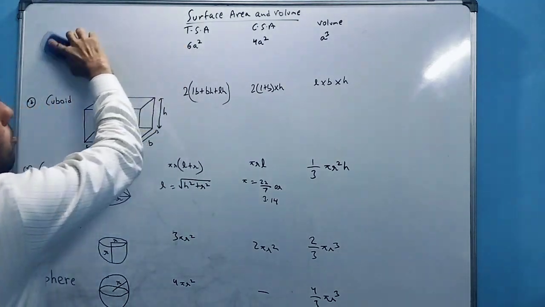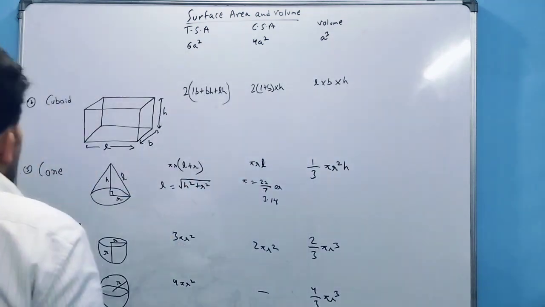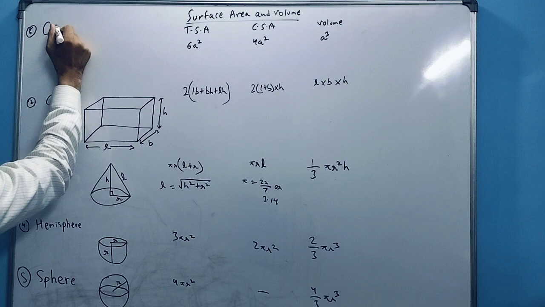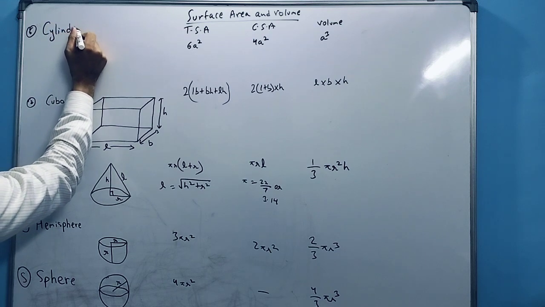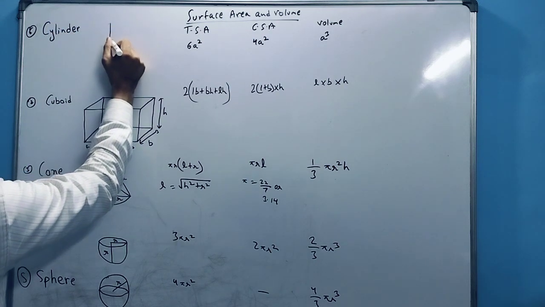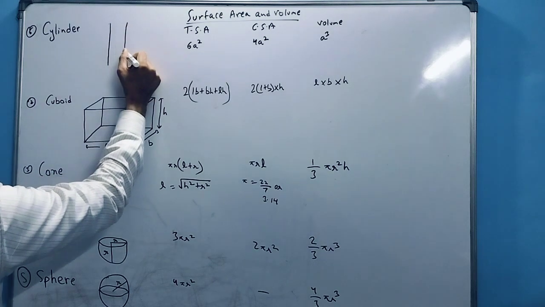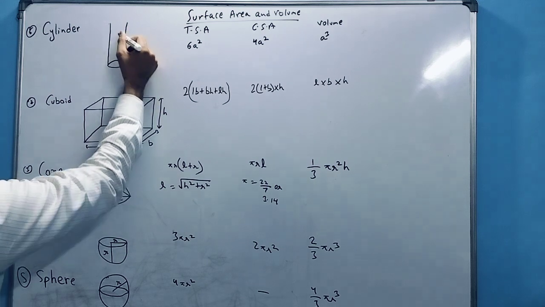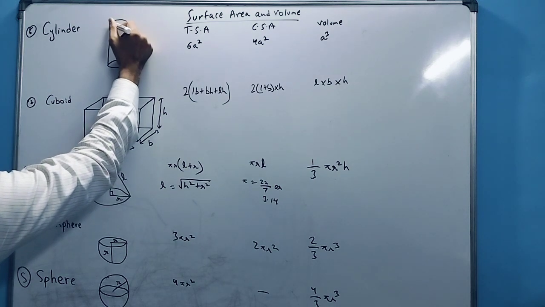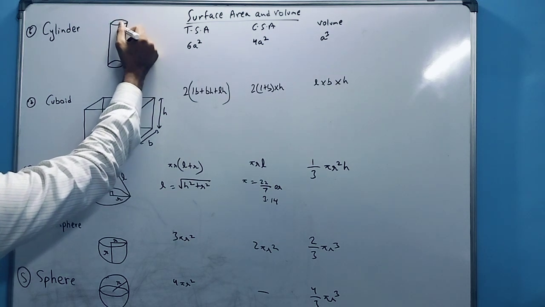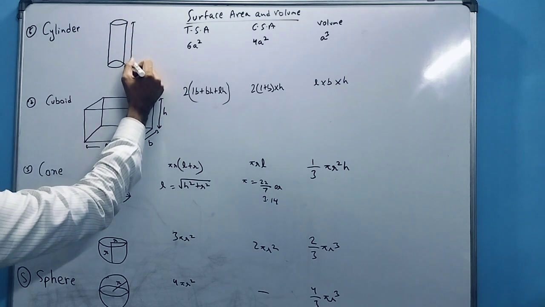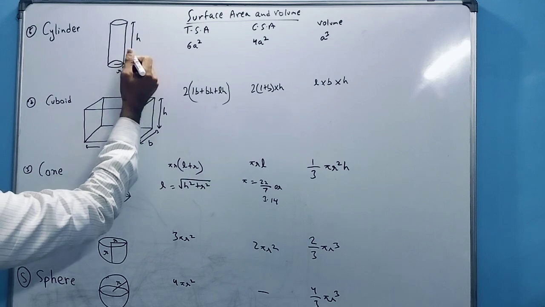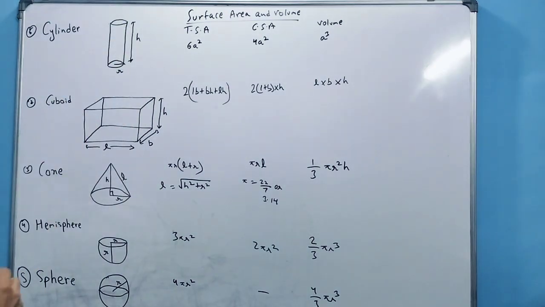How does it look like? Here we have the height and the radius.